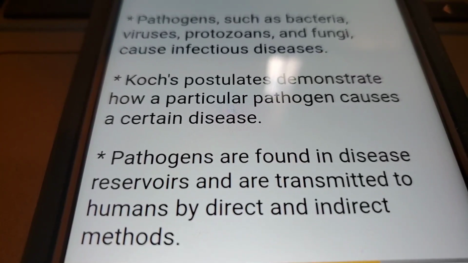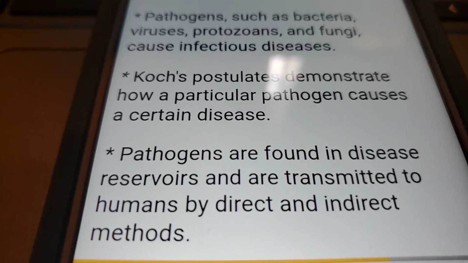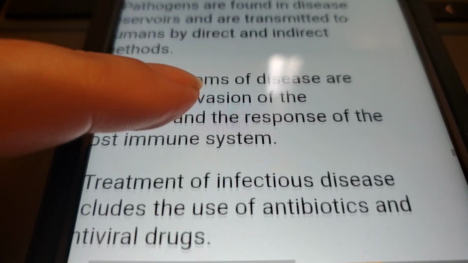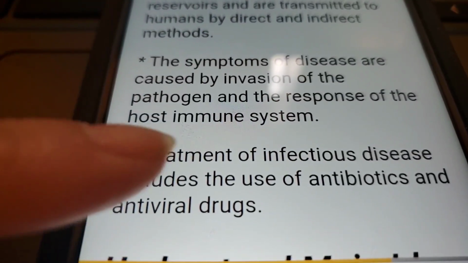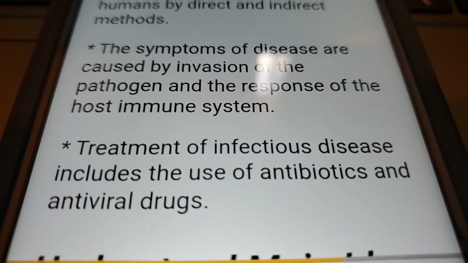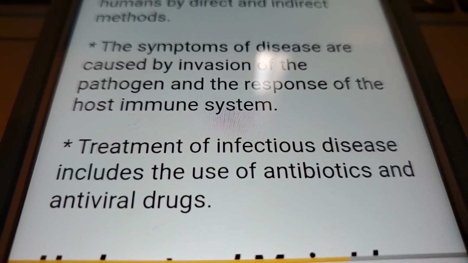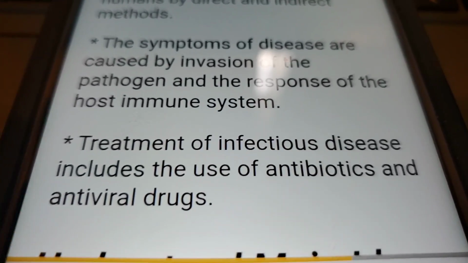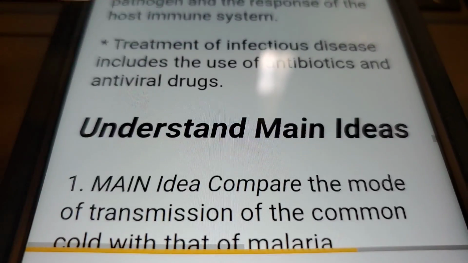And that was going to be number 3, reservoir. So they're kind of summarizing this information for us. Treatment of infectious disease includes the use of antibiotics and antivirals. I don't think they ask a question about that.